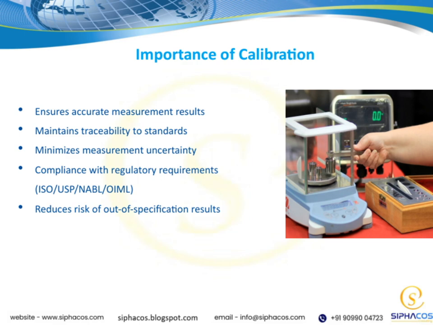Compliance with regulatory requirements such as ISO, USP, NABL, and OIML is vital, as it ensures our processes meet industry and legal standards. By doing so, we significantly reduce the risk of out-of-specification results, which could otherwise lead to costly errors or non-compliance issues. Ultimately, calibration is the backbone of quality assurance. It helps us deliver trustworthy results and uphold the integrity of our work.